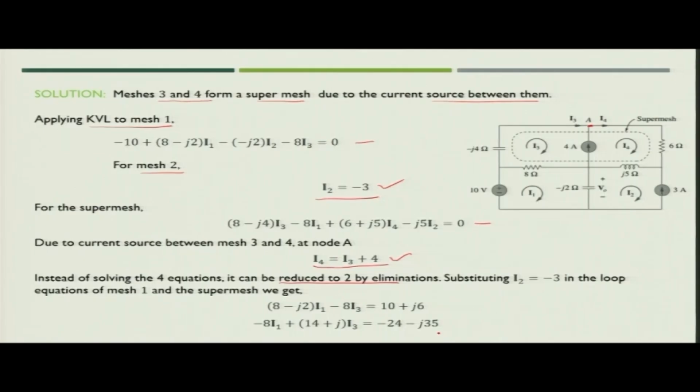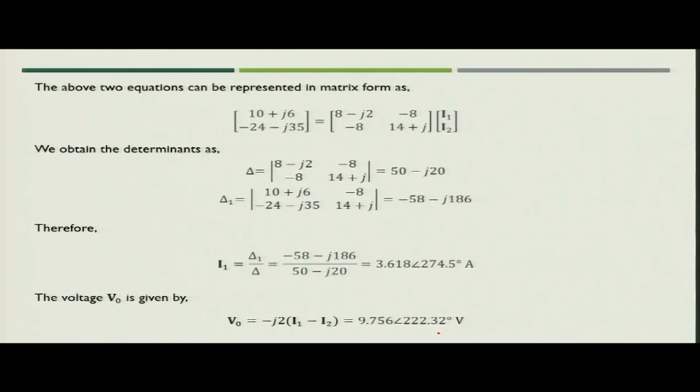So, we have now these 2 equations which we can compile in the form of matrix. So, we will have first on the left side, a vector containing elements 10 plus J6 and minus 24 minus J35, then the matrix having elements 8 minus J2 and minus 8 and 14 plus J, and then the currents, that is I1 and I3.